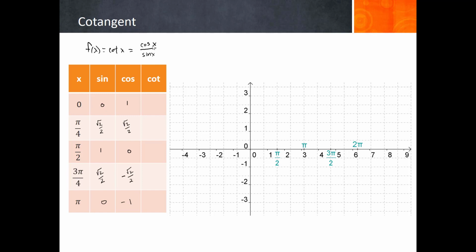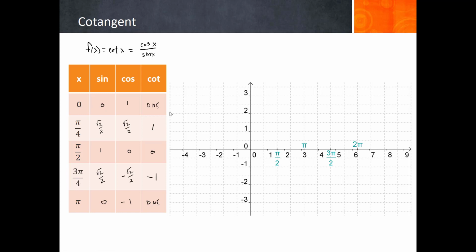All right, for cotangent, we're doing cosine over sine. So 1 over 0 is undefined, so we're going to have a vertical asymptote. Root 2 over 2 divided by itself is 1. 0 over 1 is 0. Root 2 over 2 divided by itself with a negative is going to be a negative 1. And then we're going to be undefined again at the end.